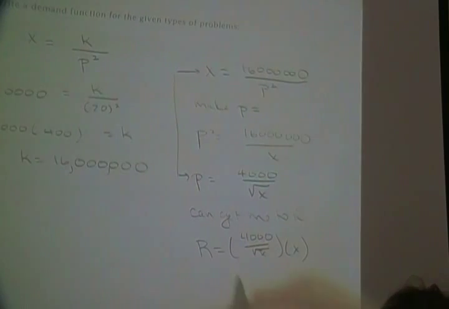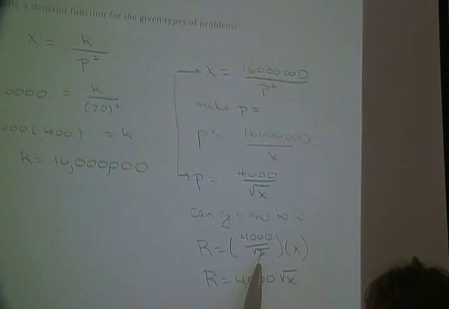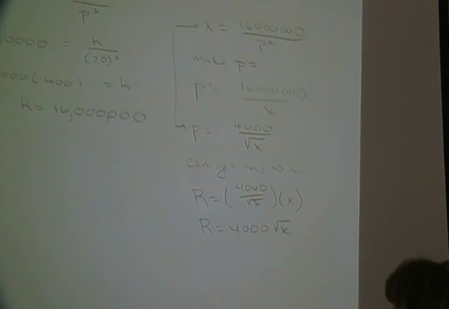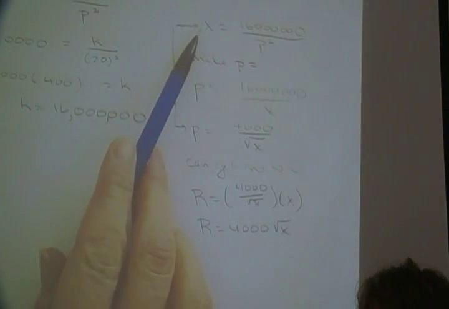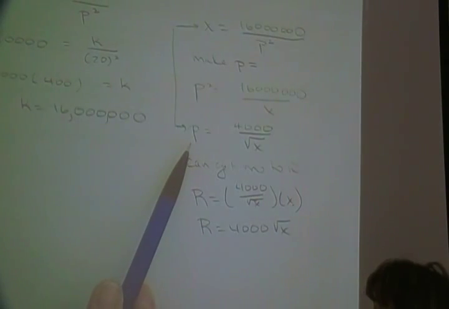So I multiply them together and get 4,000 square root of X, because X divided by the square root of X is the square root of X. So it's important to understand demand functions can be written X equals or P equals. But if you want to get to revenue, you need to get it to P equals.